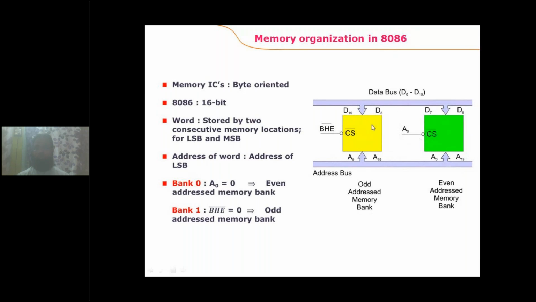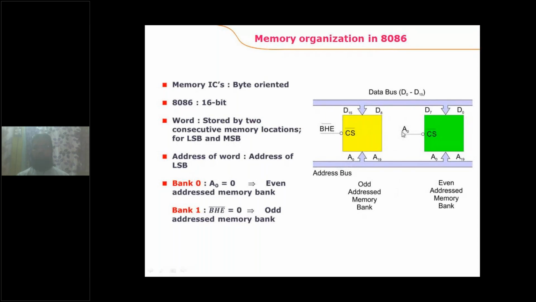In order to locate a particular location of this even bank and odd bank, these chips are associated with 14 address input lines. So among the 20 address lines of the 8086 processor, 14 address lines are used to locate a location of the memory chip, and the remaining 6 address lines are decoded using a decoder circuit. And that decoder is also associated with the BHE bar signal and the A0 signal.